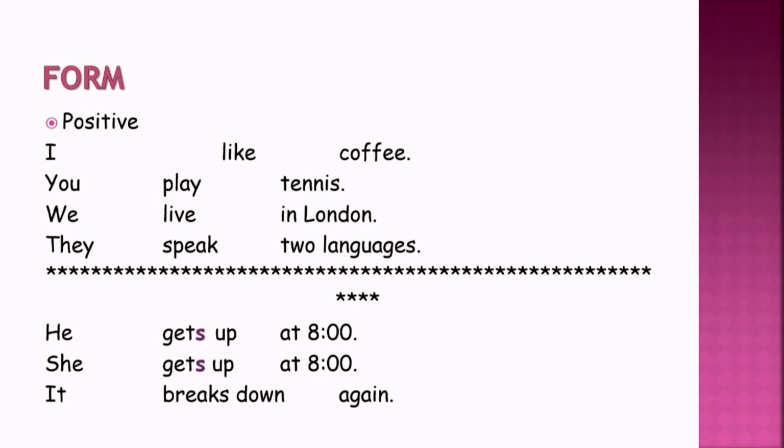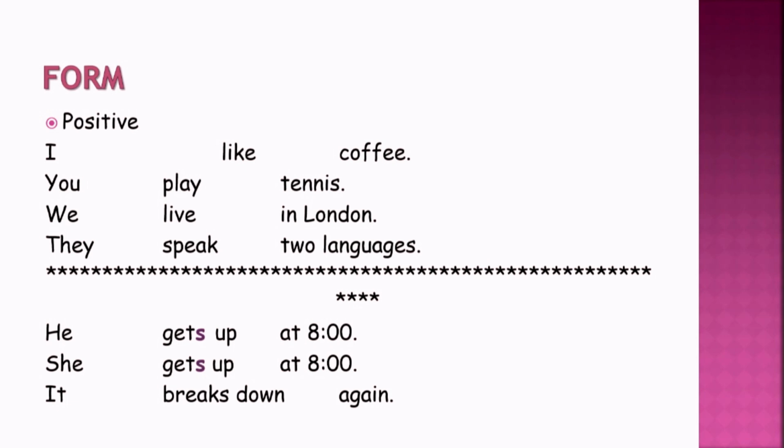Here we have another plural subject pronoun, which is we. For example, we live in London. Again, we live. The verb live is in its base form. We can add to these two subjects the I, the first person, which also takes the base form of the verb, just like I like coffee.